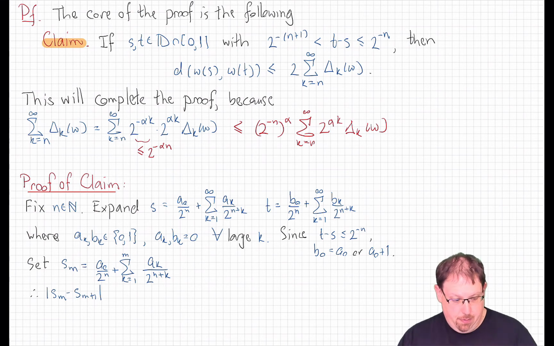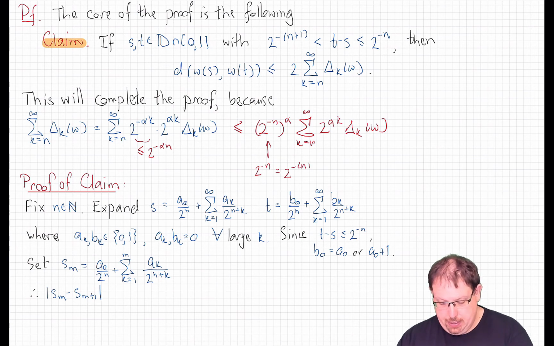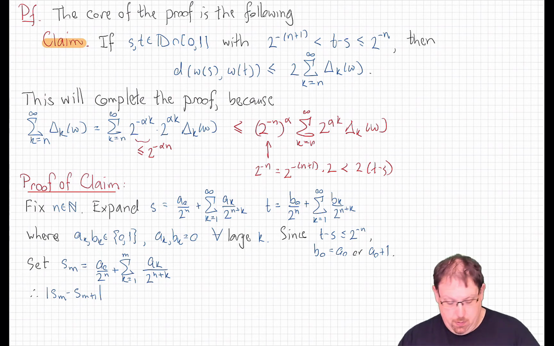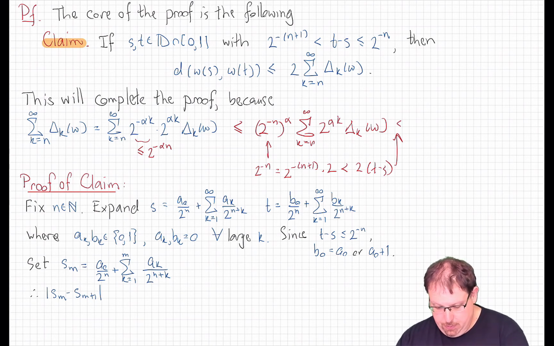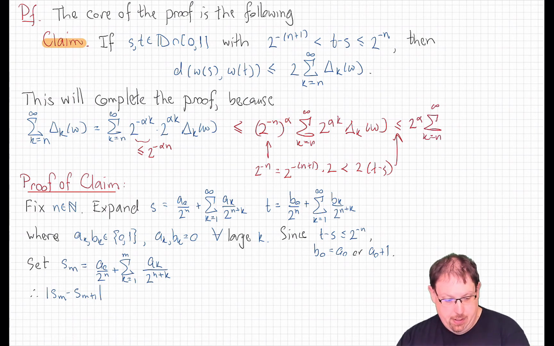And now here's the key point. This 2 to the minus n inside here, which I'll write as 2 to the minus n plus 1 times 2, well, that is, by construction, less than 2 times t minus s. And so, putting that over here, this whole thing is going to be less than or equal to, well, there's a 2 here, so there's a 2 to the alpha left over, times the sum, k going from n up to infinity, of 2 to the alpha k delta k omega, times this extra factor, t minus s to the alpha.